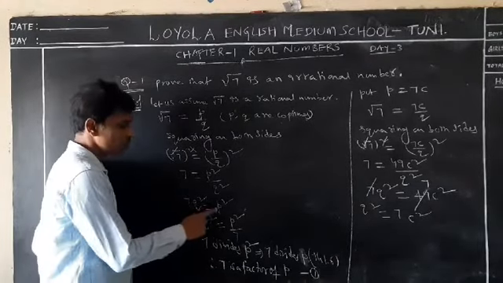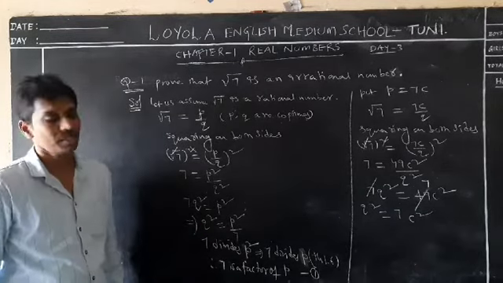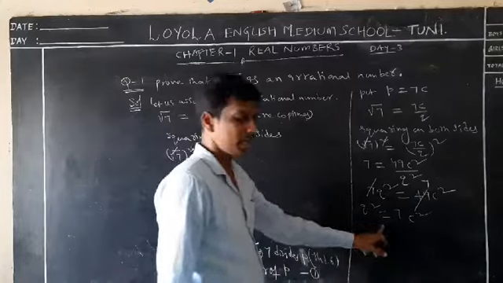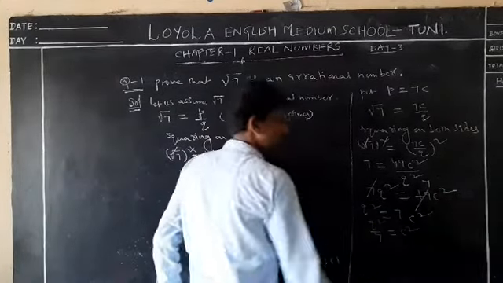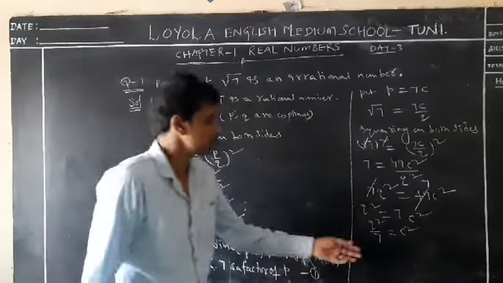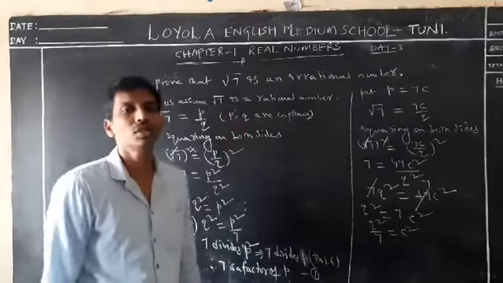How we wrote 7q square is equal to p square. From this, the value of q square is equal to p square by 7. So in the same manner, may I write q square by 7 is equal to c square? It means that 7 divides q square.